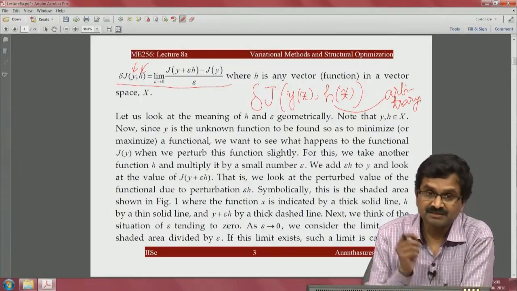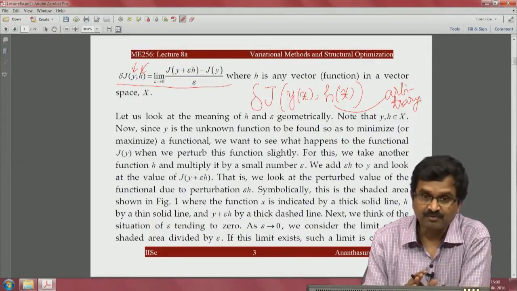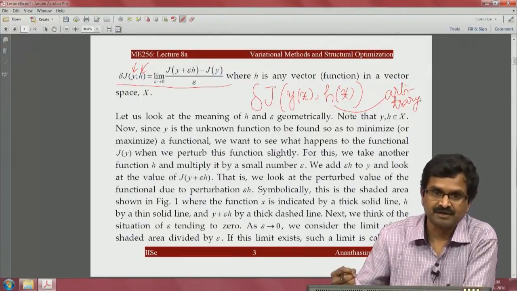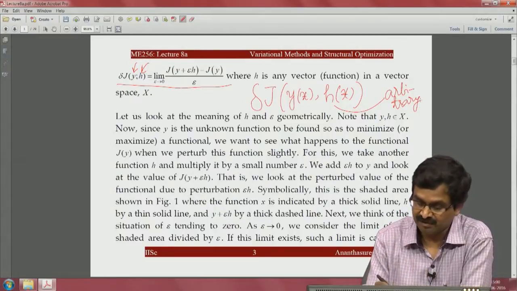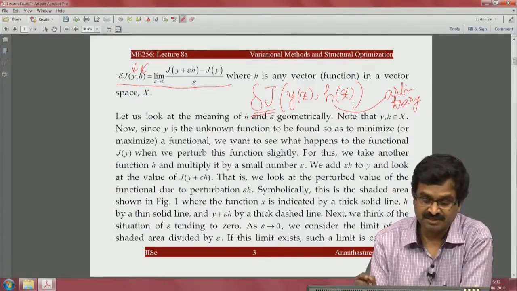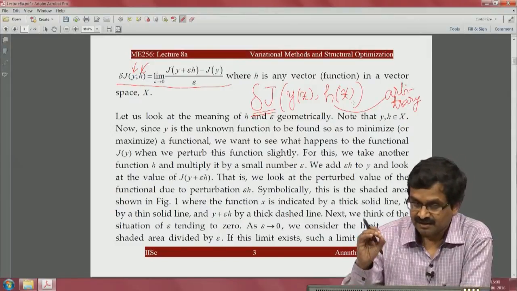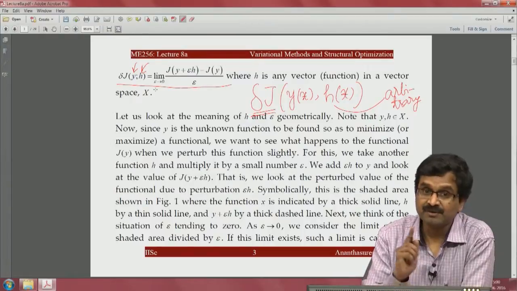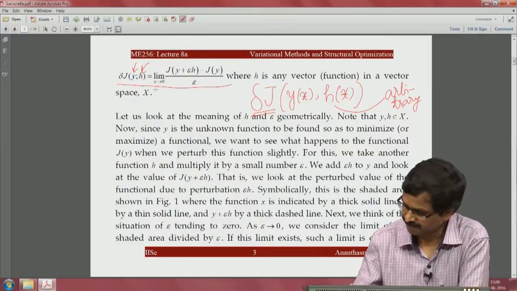So, Gateaux variation has embedded in it something that is arbitrary, that we do not have to worry about because there is a way to get out of that arbitrariness. But the definition of Gateaux variation involves this h. Whenever we write delta j, later on we may not write y and h explicitly, but it is implied that it is at a particular function and with an arbitrary function h, because only epsilon is tending to 0, but nothing is happening to h, it is going to stay on.